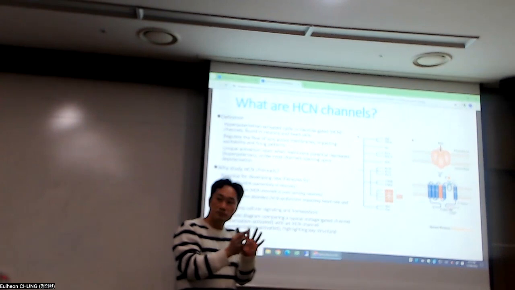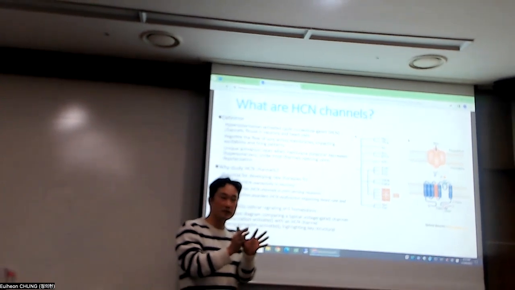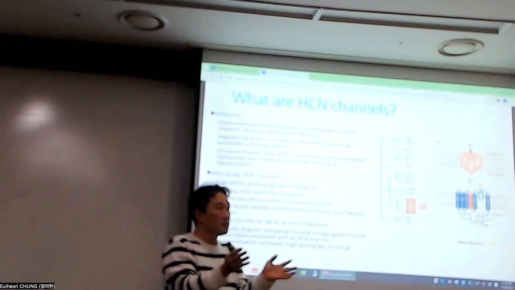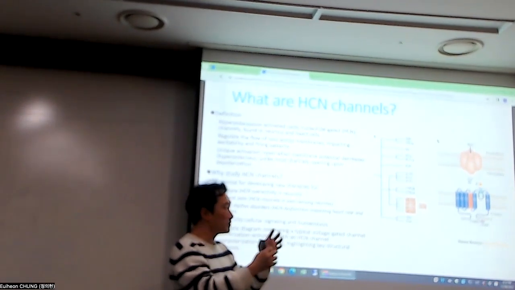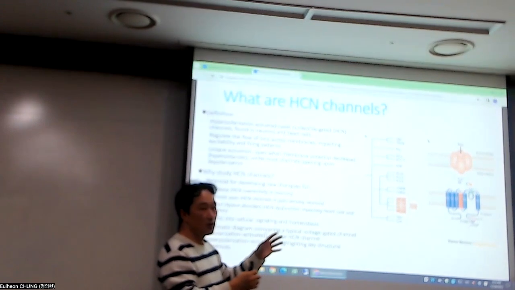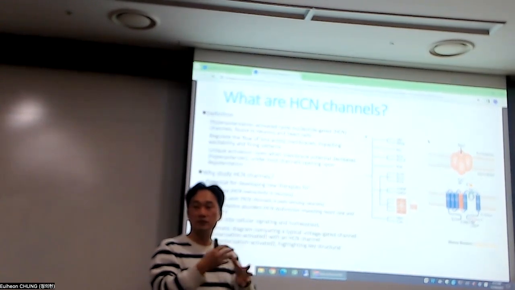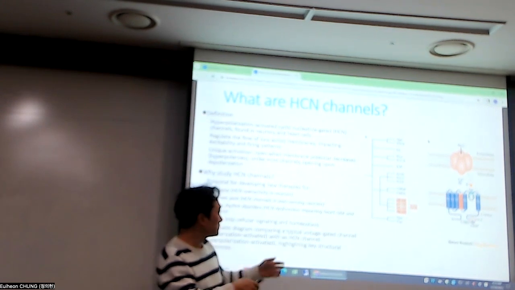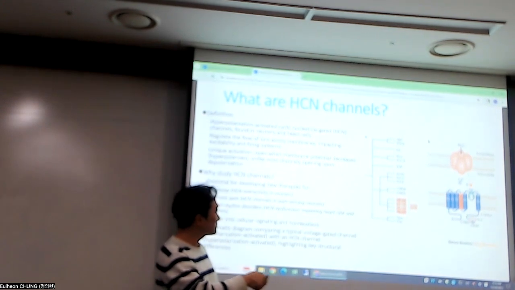Some channels consist of homomeric tetramers of HCN1, and some channels consist of tetramers that are a mixture of the different types.